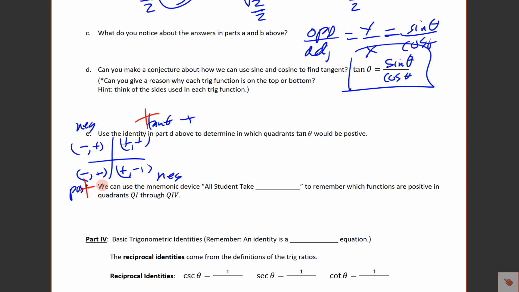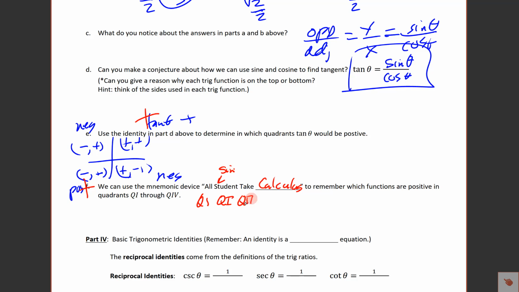Okay? All right, so here's a mnemonic device. All students take calculus. So here's how this works. In Q1, they're all positive. In Q2, S stands for sine. Sine and its reciprocal cosecant are positive.